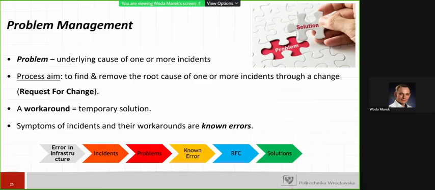When the problem is resolved, documented, or a workaround is provided, that is a known error. And then we can proceed to the so-called request for change to get rid of the root cause of the problem. And when the request for change is approved and the change is implemented, then we have a solution.